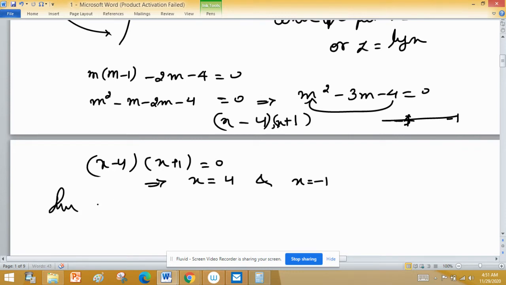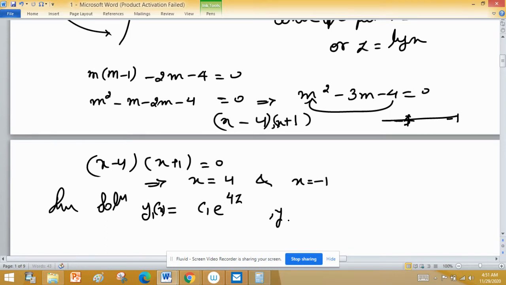Then the solution: y1, a function of x, you can write c1 e raised to the power 4z, because this is the auxiliary equation for the independent variable z. So write z; if you write x here, then you are wrong.